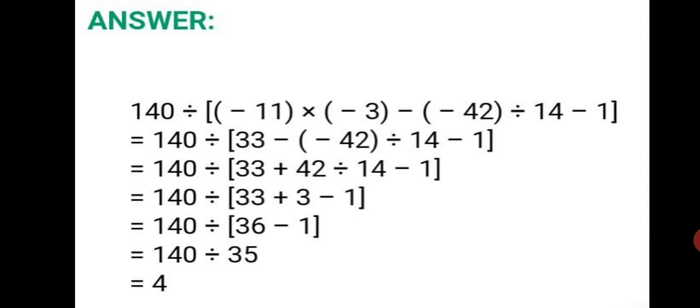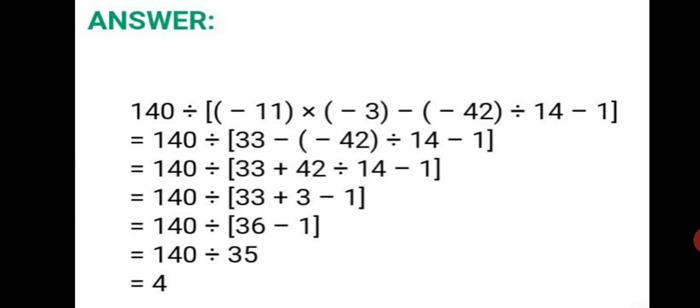What we have done is, minus into minus becomes plus, and 42 is now without a bracket. We have solved the bracket. Plus 42 you can write down without bracket now. Divide by 14 minus 1 and close the square bracket.